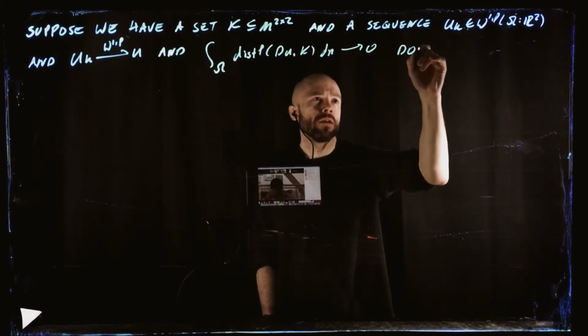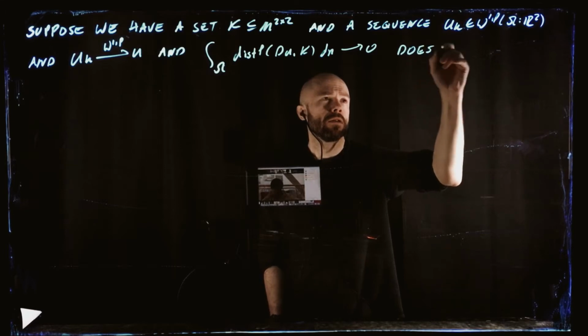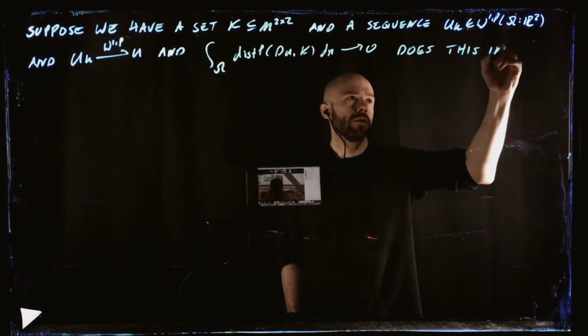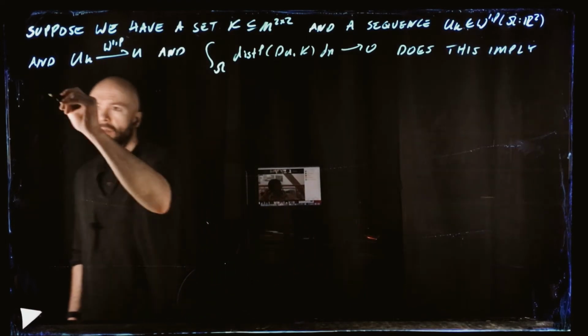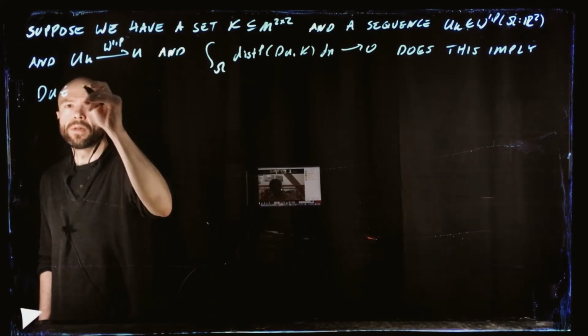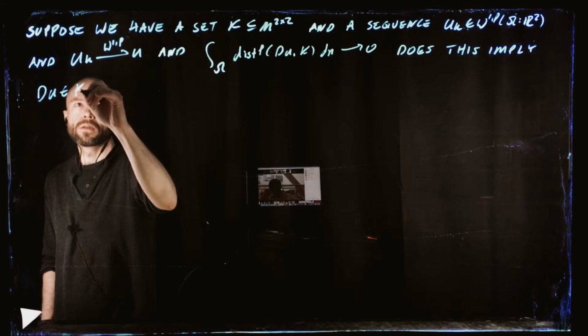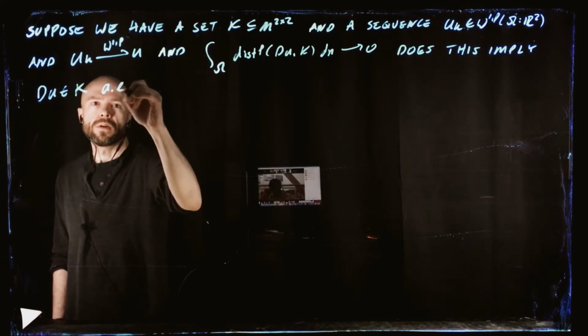Does this imply that the gradient of u belongs to K almost everywhere?